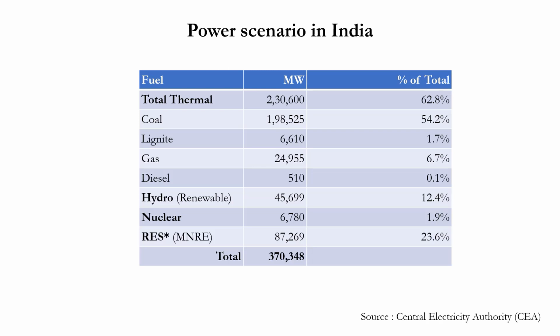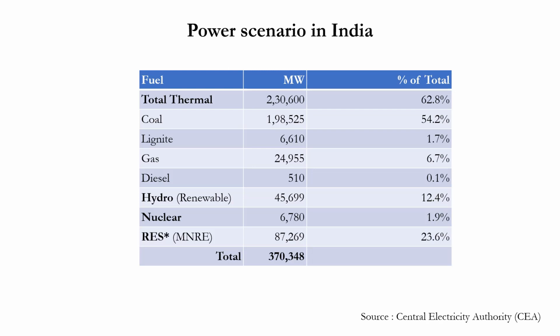Apart from this, there are renewables. Here we will see hydro. 45,699 megawatts of power is taken from hydro, which is 12.4 percent of total power. And from nuclear, it is 6,780 megawatts. This is nearly 1.9 percent of the total power.